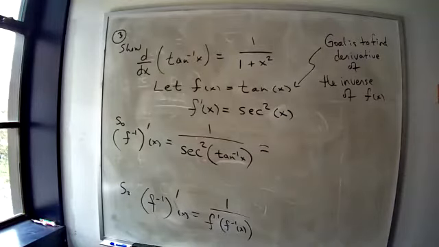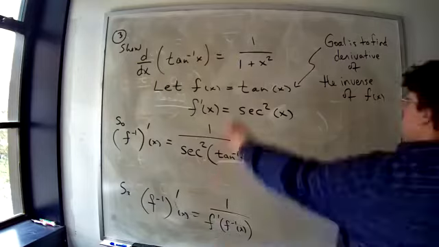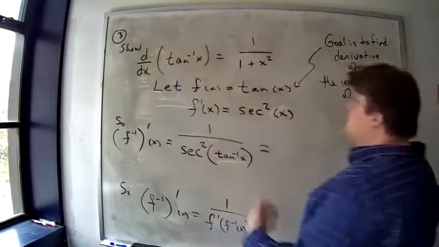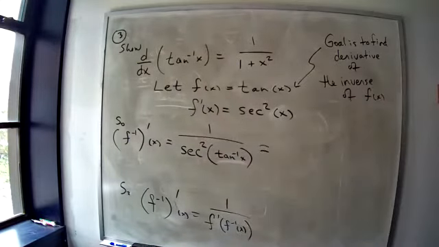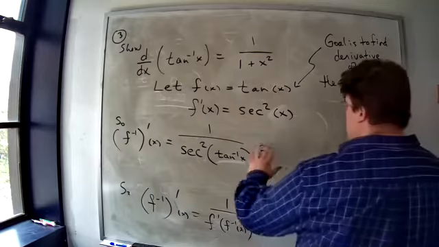So our goal is to find the derivative of the inverse of f of x, which is the tangent inverse. Well, the derivative of the inverse tangent. I hope that didn't make that less clear. Any other questions about getting here?